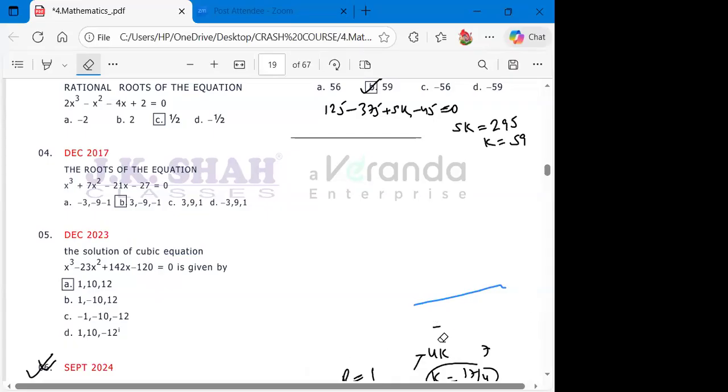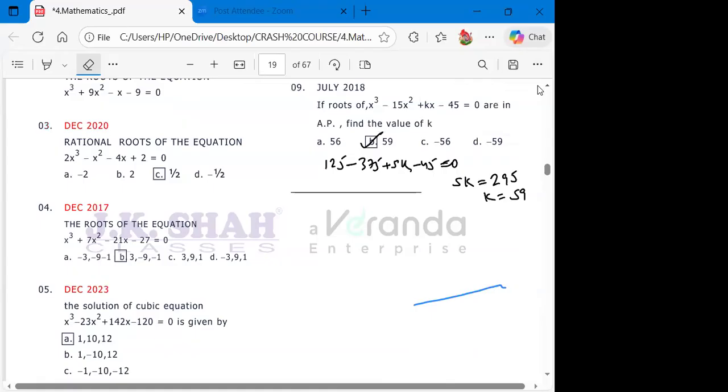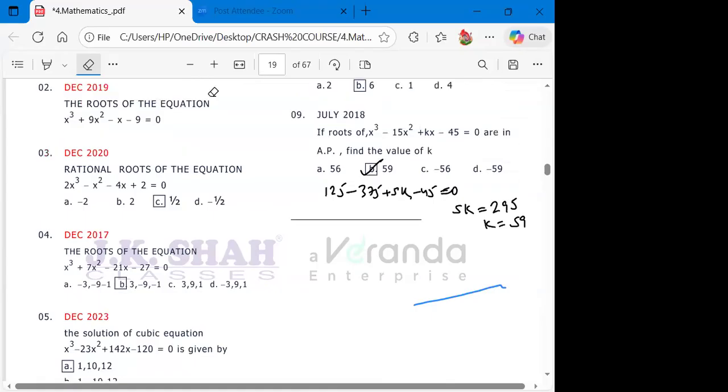First, tell me, in question number 2, what was the equation given to you? Can anyone just repeat that equation? I know that nobody will repeat, so I'm just displaying that.